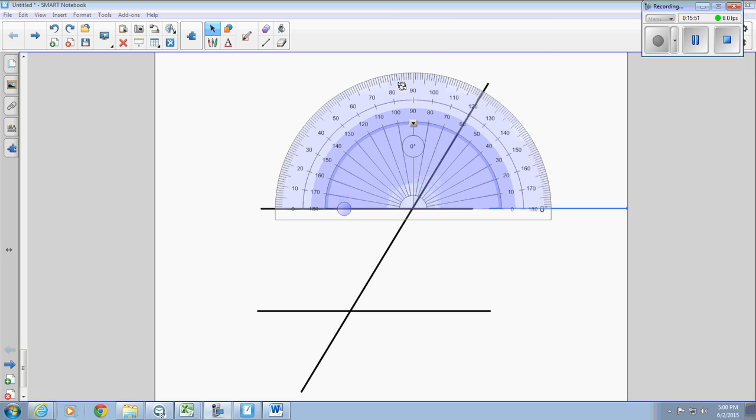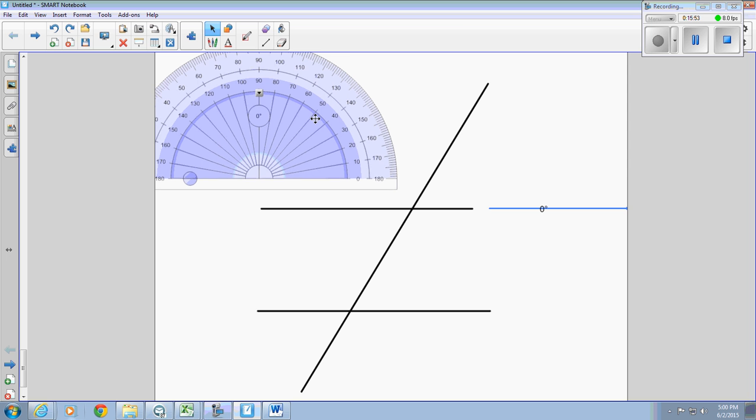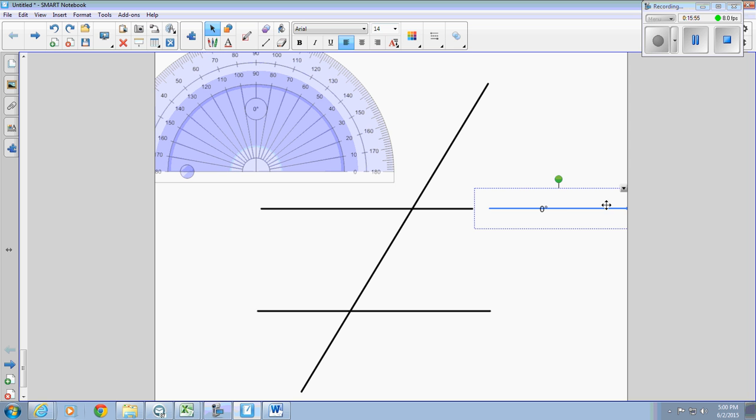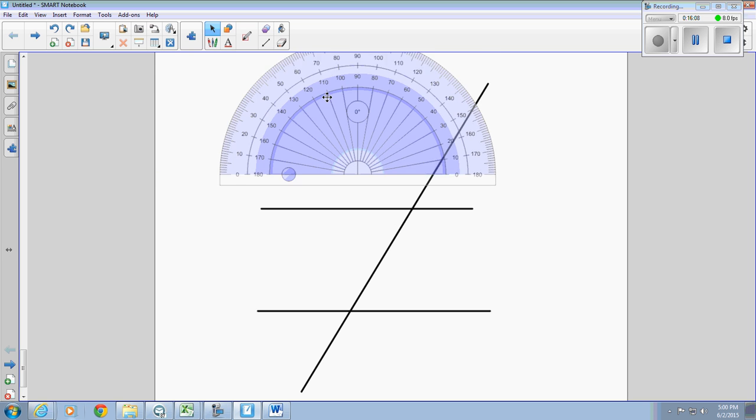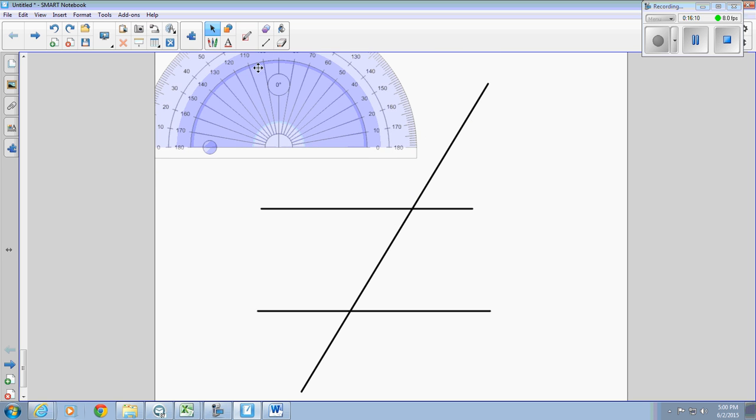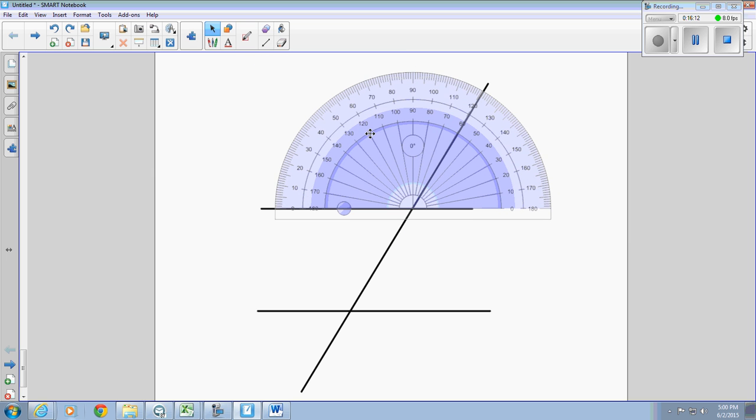Last exercise I want to do involves complementary angles and other angle rules that you should remember from geometry. So if I have a line drawn through two parallel lines, and I measure this angle here, this is about 60 degrees.